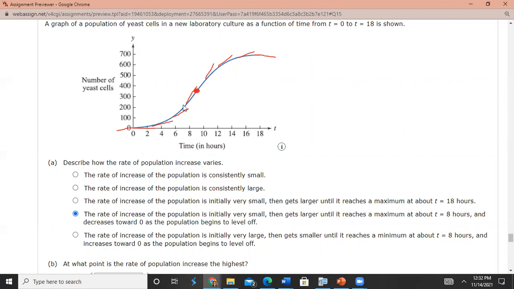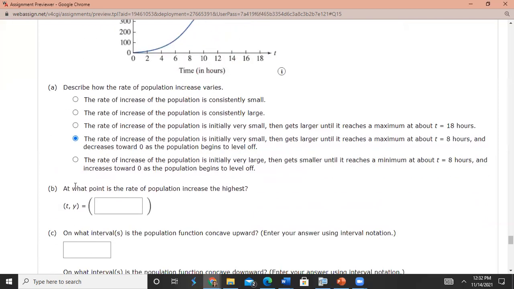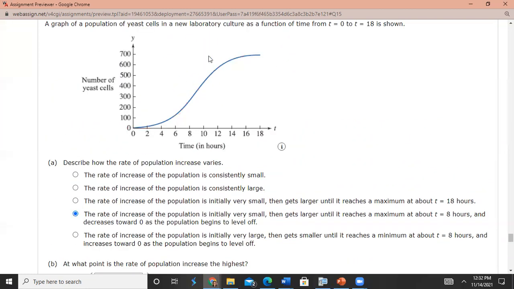If we're talking about the slope of the tangent lines at these made-up points, it starts out pretty flat, like a slope of 0, then gets steeper, and then starts decreasing again. Then it says, at what point is the rate of the population increase the highest? They're asking essentially where it looks like it is the steepest.